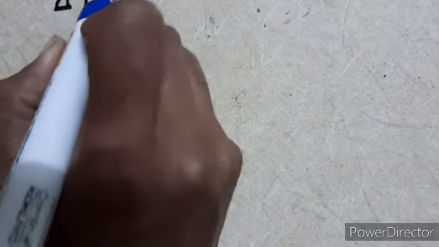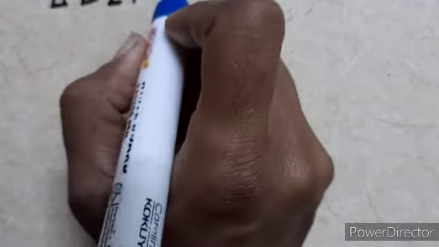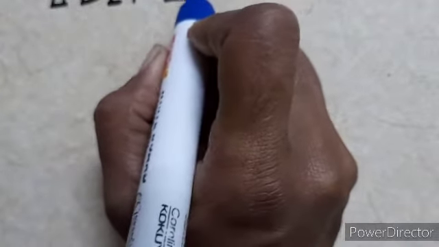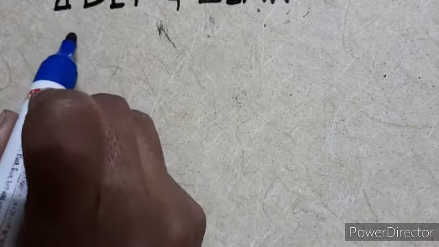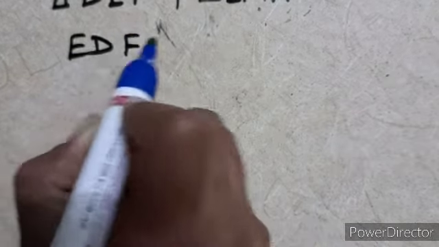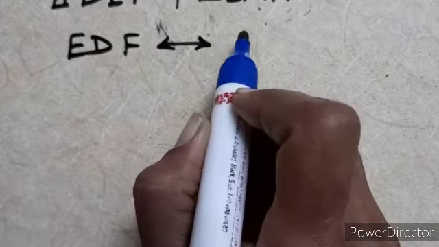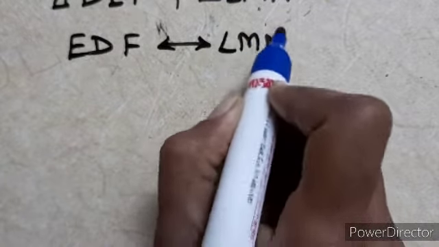In triangle DEF and triangle LMN, they are congruent and the correspondence is given as EDF correspond to LMN. We have to write the pairs of congruent sides and congruent angles.